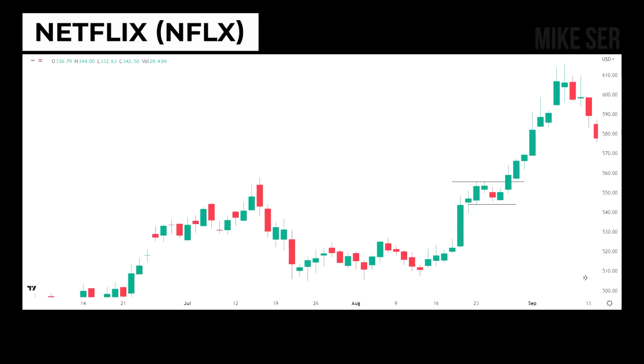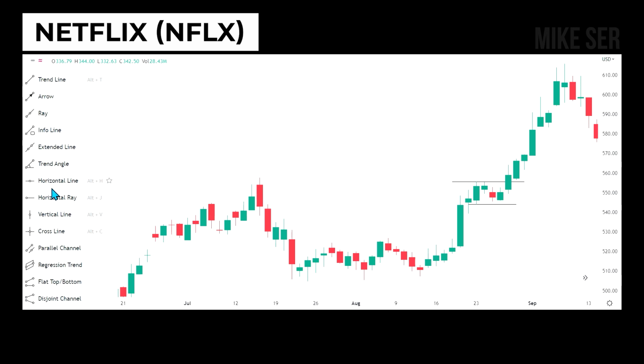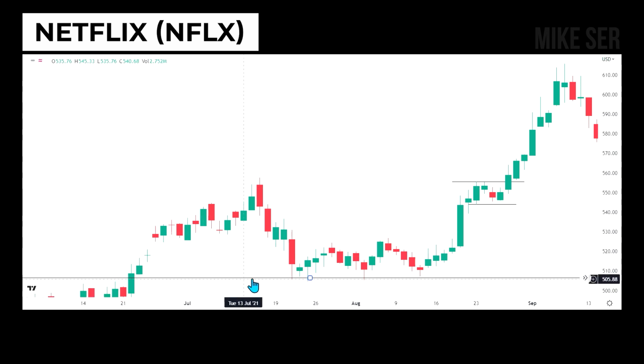Here's a chart of Netflix, and basically what you want to see here is this is the cup here. So it's been declining and then kind of creates like a cup, right? And some people say it's very similar to a rounded bottom, right? So you can see right here, if I draw a horizontal line, there's a support right here around 506.